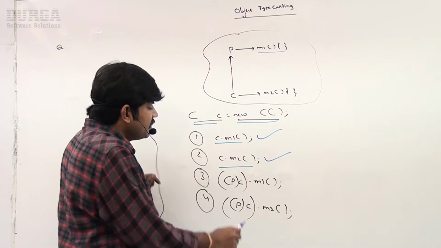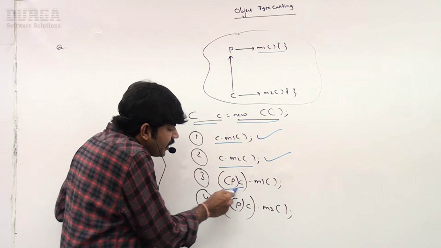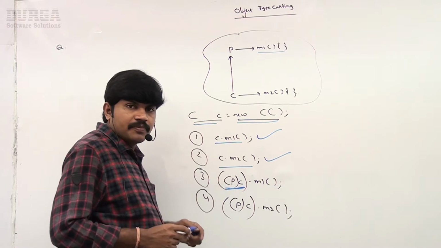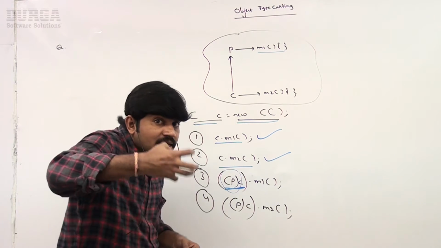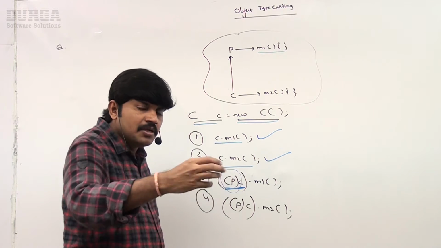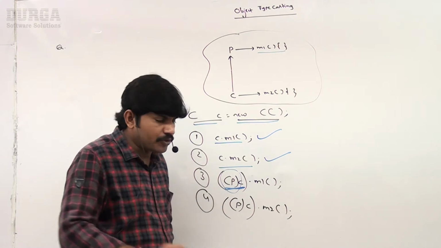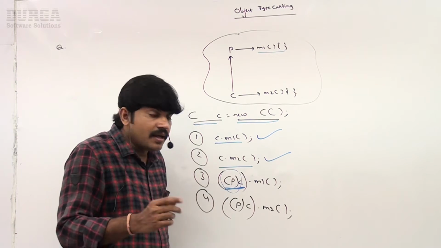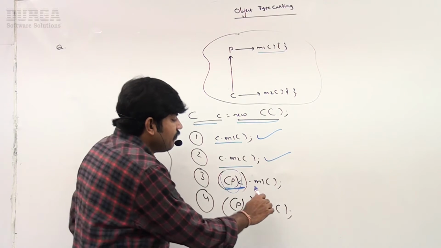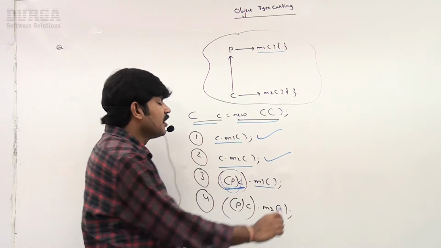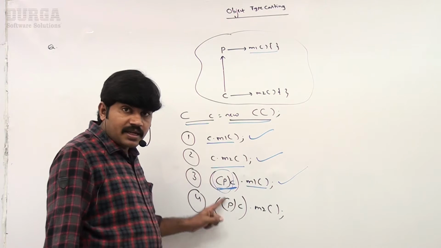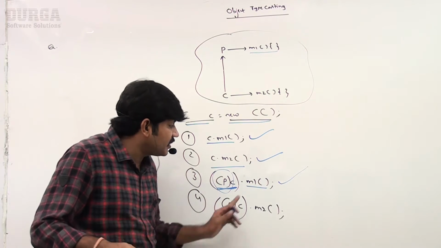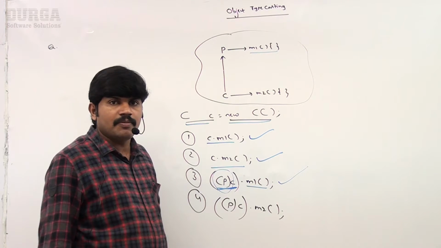Next, sir, this c we are trying to typecast to the P type. Whenever we typecast to the P type, now the type will become parent type, but the internal object is the child type only. On the parent type, the method available in the parent class, happily you can call, no problem at all, right?